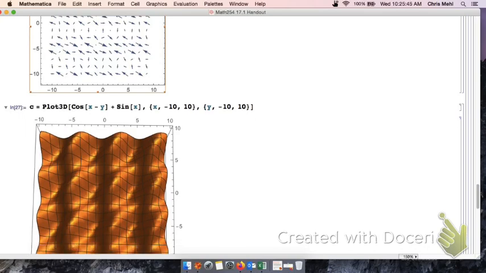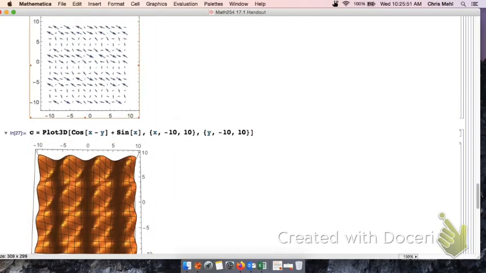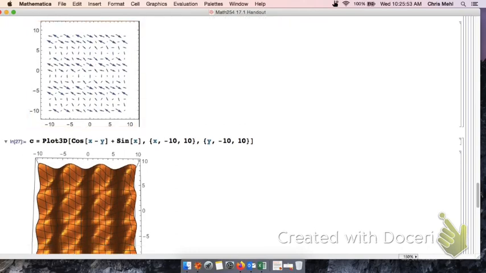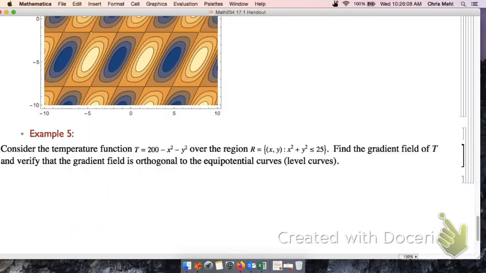I could probably get them on the same image though. You could compare the two, and all the vectors up top are giving you the directions of steepest ascent and the directions of steepest descent on the surface below. And then again, there's just a contour plot.